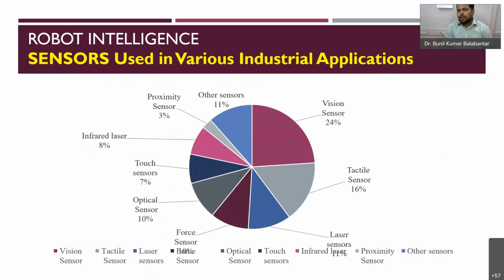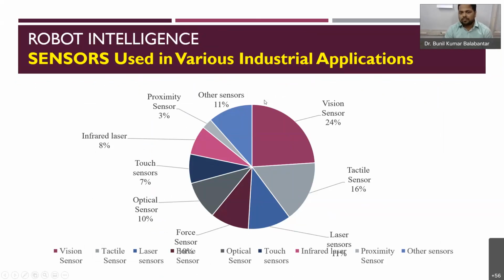So in various different applications, there are different sensors used. In industrial applications, vision sensors are basically 24% used, and proximity sensors 3%, infrared, touch, optical, force sensors. So there are different varieties of sensors used in different industrial applications.